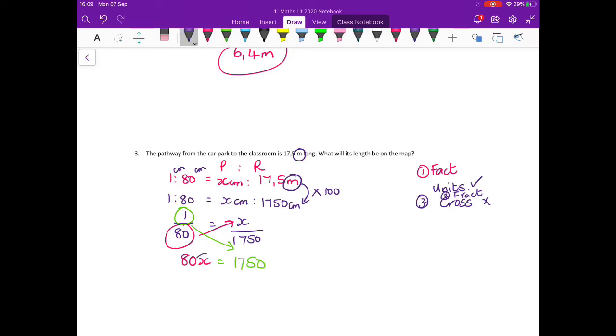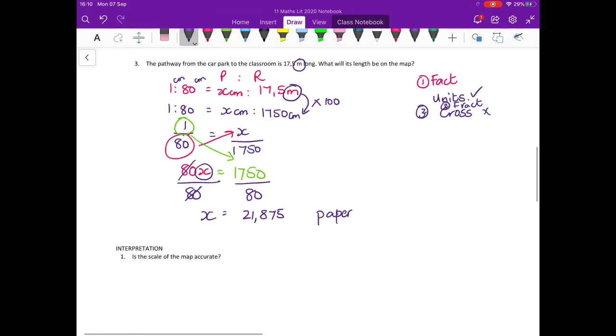I want to find out what x equals, so I divide both sides by 80. That will cancel, and I've got x equals, and that will give you 9,375. Remember, this is on paper, so we're working with millimeters here, so I would round to 1 decimal place.